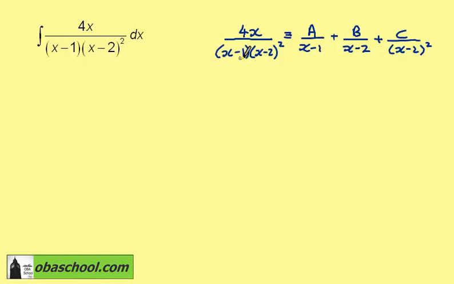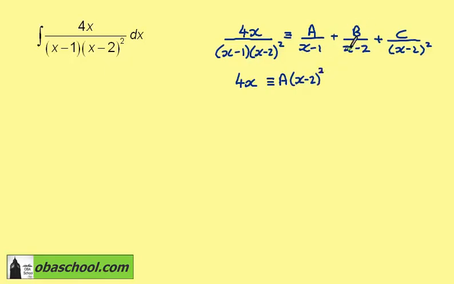To get rid of the fractions, we multiply right through by the denominator here. On the left-hand side, that leaves us with 4x. If we multiply this term by all of this, the x minus 1's will cancel, giving us A times (x minus 2) squared.